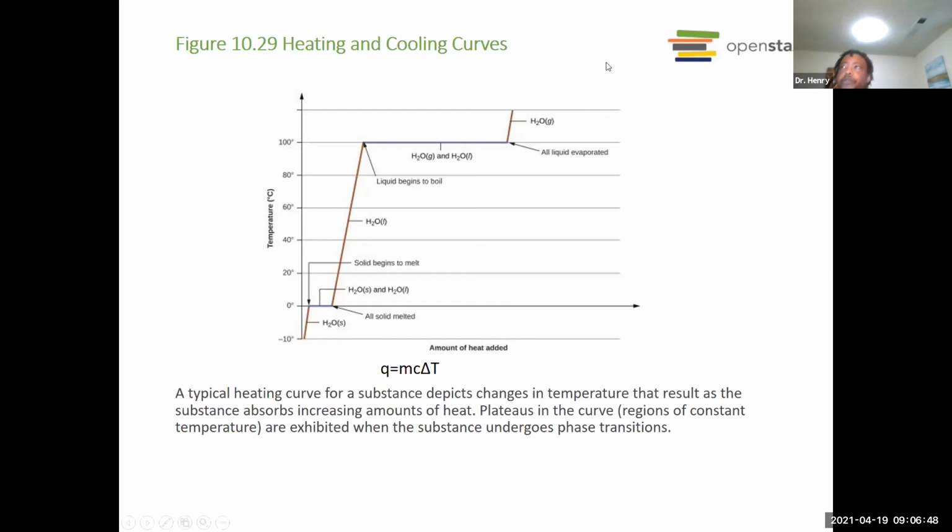So when we look at these heating and cooling curves, this here represents the amount of heat, and it's just the state that you're going through. So if we're going from 10 degrees to 0 degrees, let's say we're talking about water, if we're going from ice to 0 degrees, what happens at 0 degrees with water?